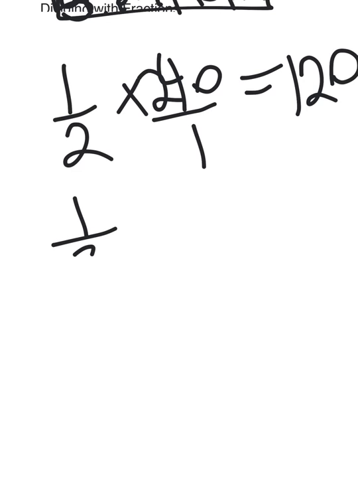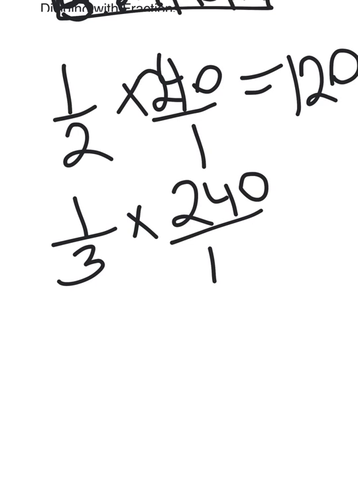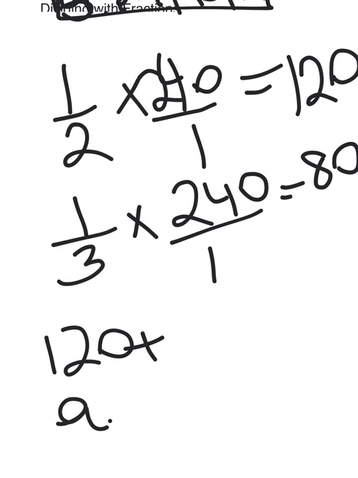The second customer, they got a third of the fruits. They got a third of 240. So your operation is multiplication once again. You're going to do a third times 240. If you do your multiplication, you'll get 80. Basically, 240 divided by 3. You're going to add these two numbers together. How much was sold? That's what part A is asking, remember?